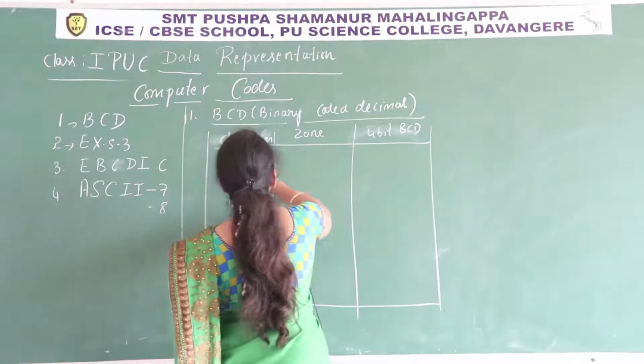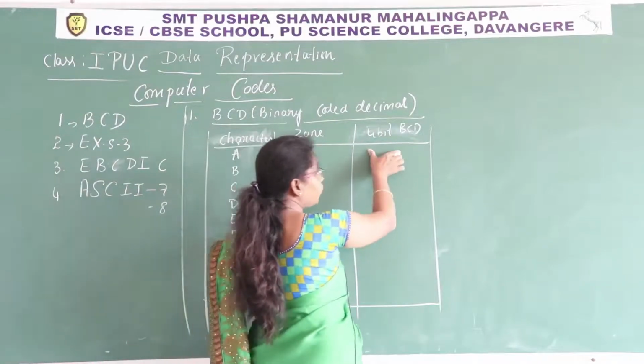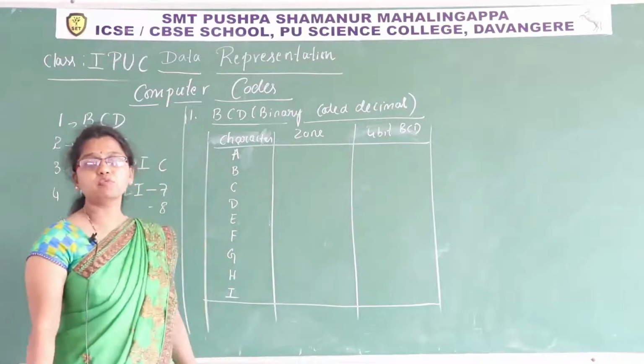Now, how to remember? You have to write the 4-bit binary, starting from 1.